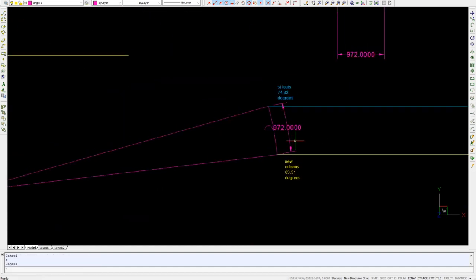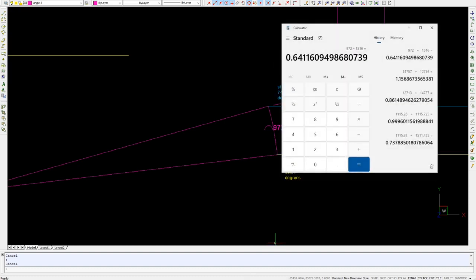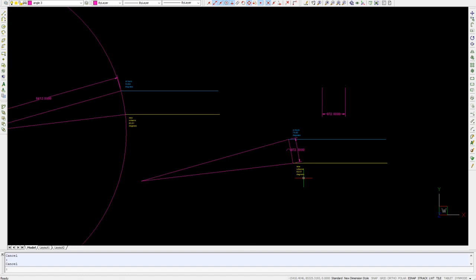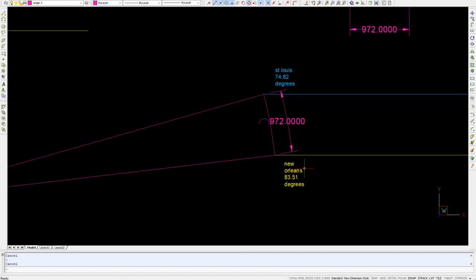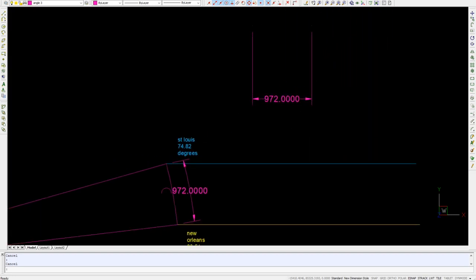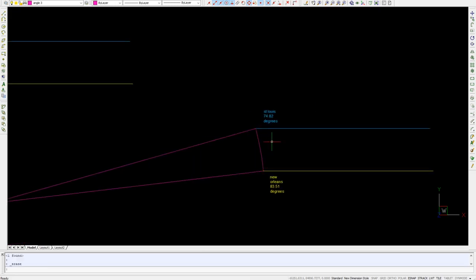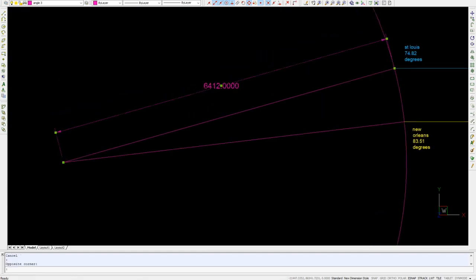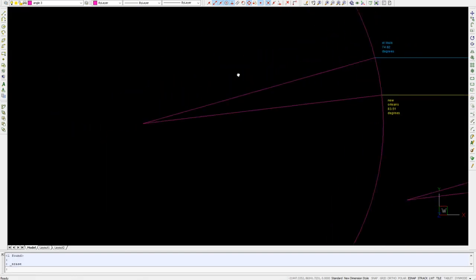As you can see, 972. So I reduced it in scale down to about 0.64, basically 64% of what it was. And now I've got 972 kilometers in distance, which is representative of this particular distance here. This is now not representative of 10,000 kilometers.